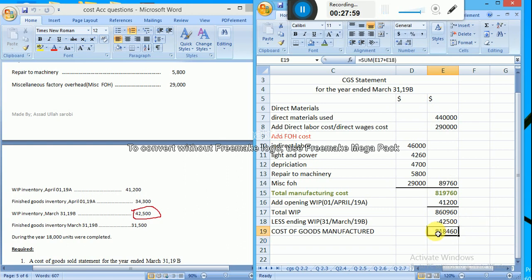This is our current year production. In the year 19B, we produced 8,18,460 finished goods. So up to now, hope you understand. Inshallah, the remaining part of the question I will solve in my upcoming class.